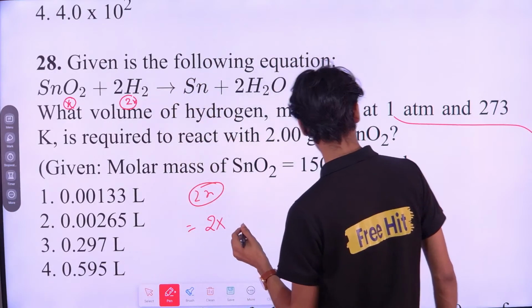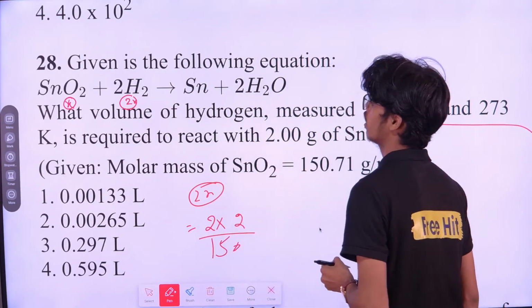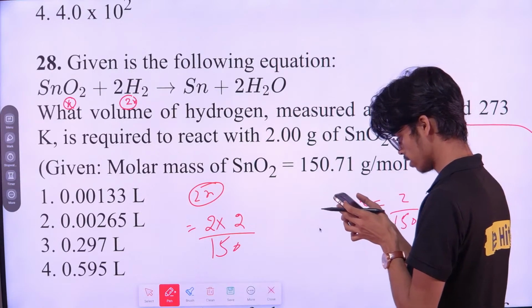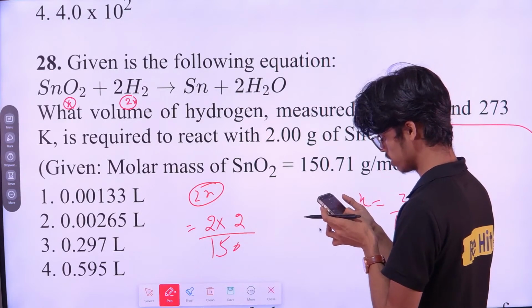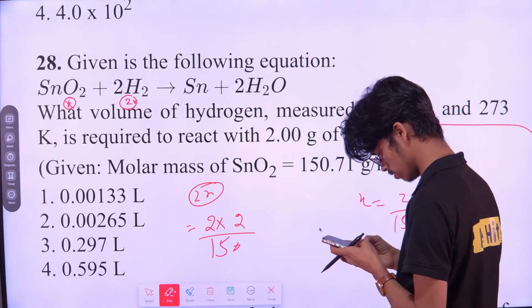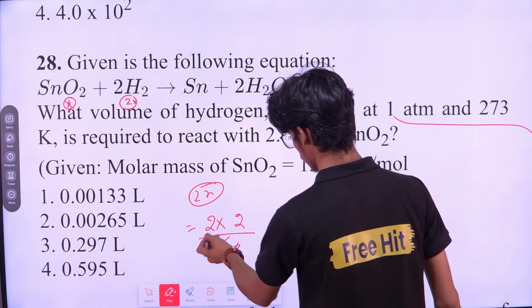So multiply it with 2, by 150. Now we have to calculate the volume. Sir, I guess 28 is 4. Yes, 28 is 4. I'm just seeing your chats a little later. Now 4 by 150.